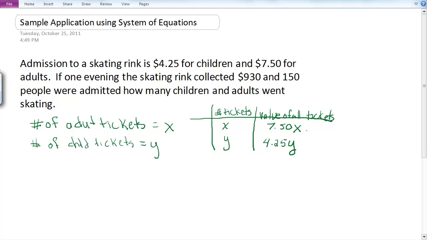Now, the idea that we have here is, so far we have the individual amount. This was the adult and the child. But we also had some other information. We had a total number of tickets, which was 150.